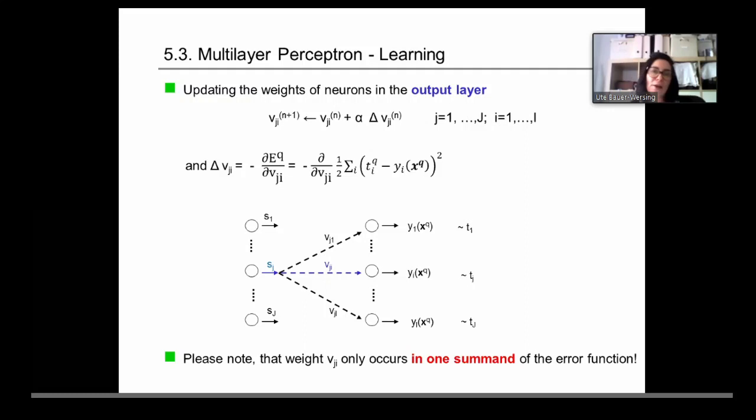How to perform gradient descent for the weights of the neuron in the output layer. So this is the general form. The individual weight in the output, Wji, is updated by using the current weight of the nth iteration step and adding delta Wji multiplied by the learning rate alpha.